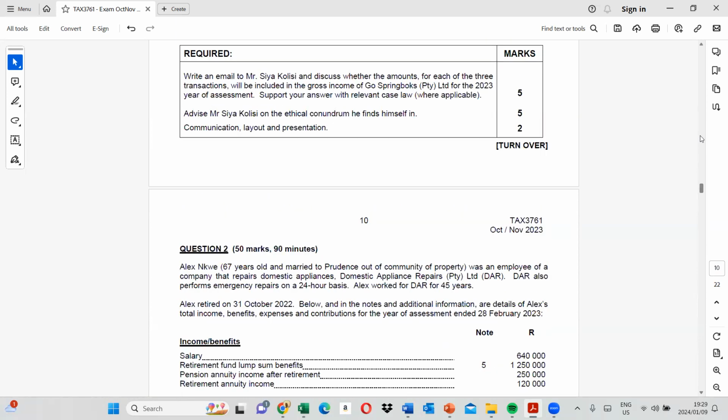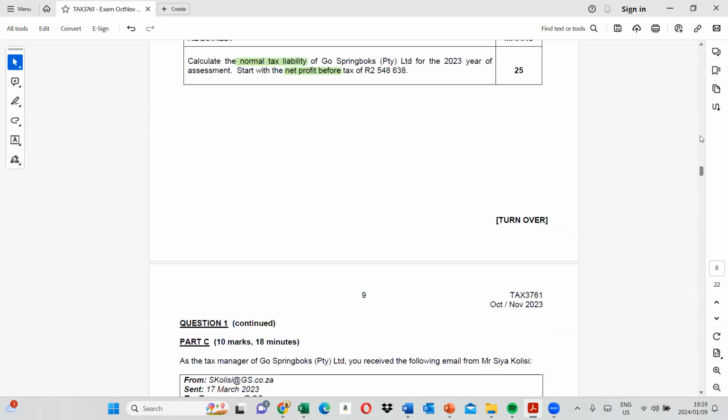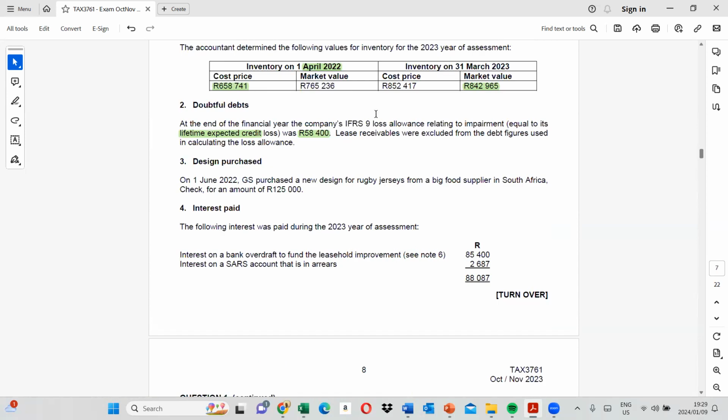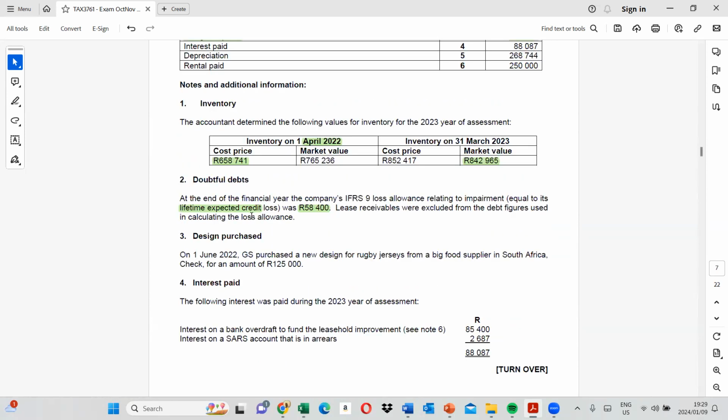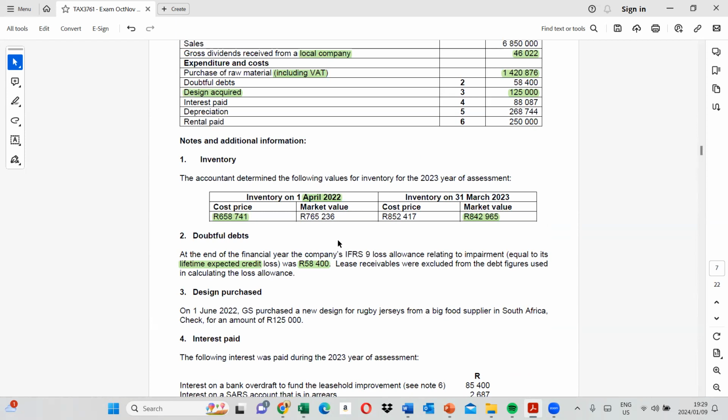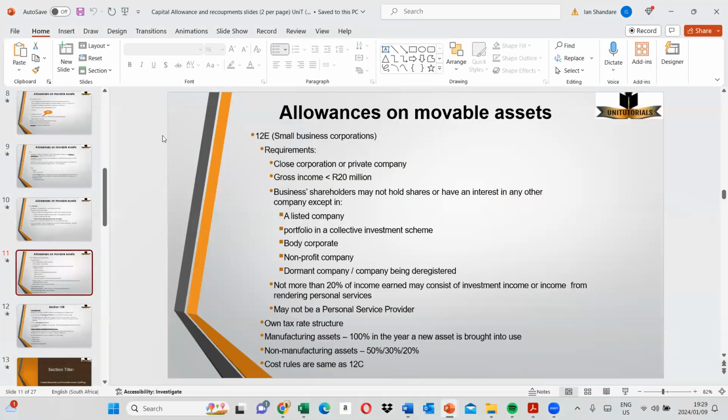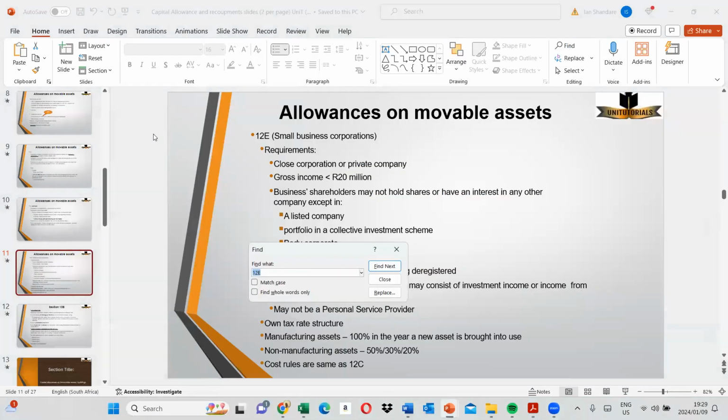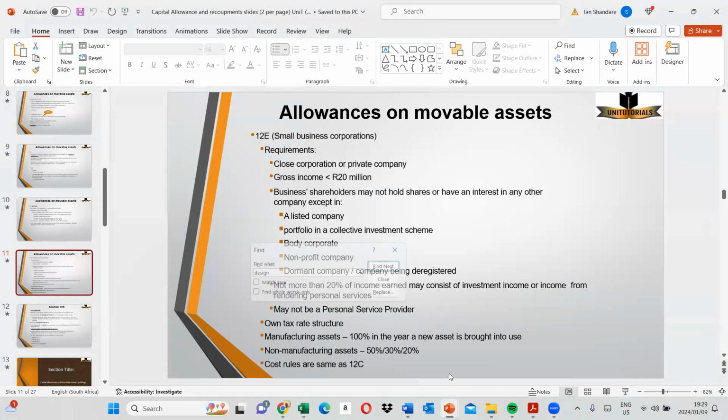I know sometimes they give it at the back of the question paper, all right? But you guys did not receive the allowance. So the 10% you're supposed to know it, but I do recall I gave it to you guys. I don't think it's this one, but let me just quickly see if it's here. Here is the other one. All right, the other part. Let me just quickly check it for you guys.